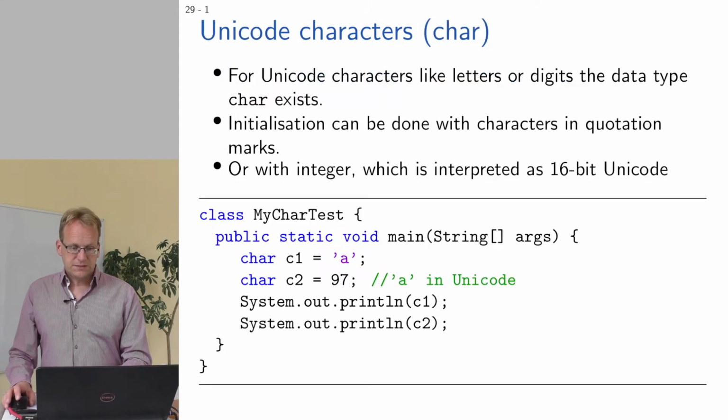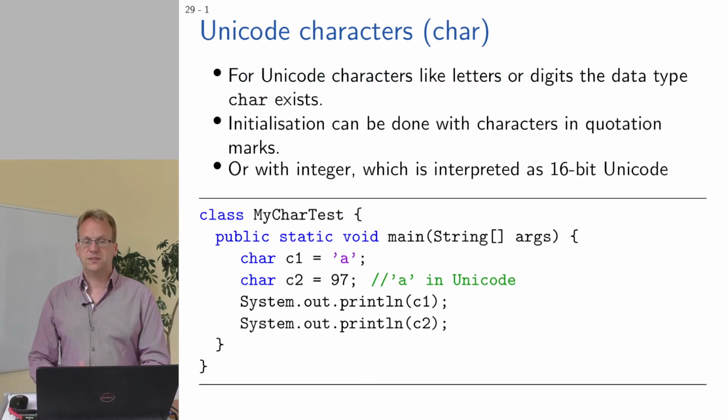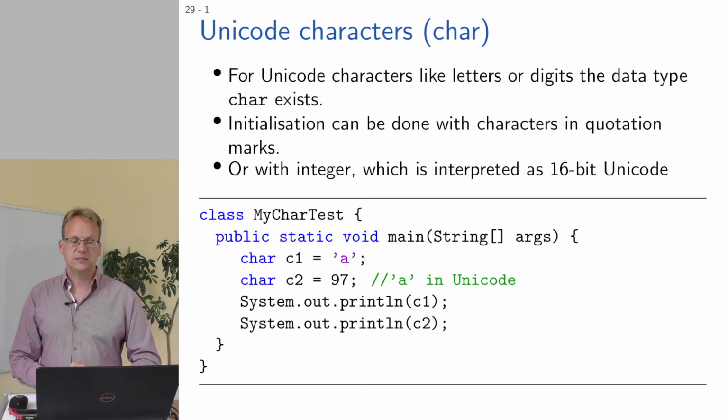Well, these are the primitive data types, and I'm using the char data type here in this example. So what we do here, well, that is the declaration of the variable that you've seen before. Here it's a variable with name C1 and with data type char.